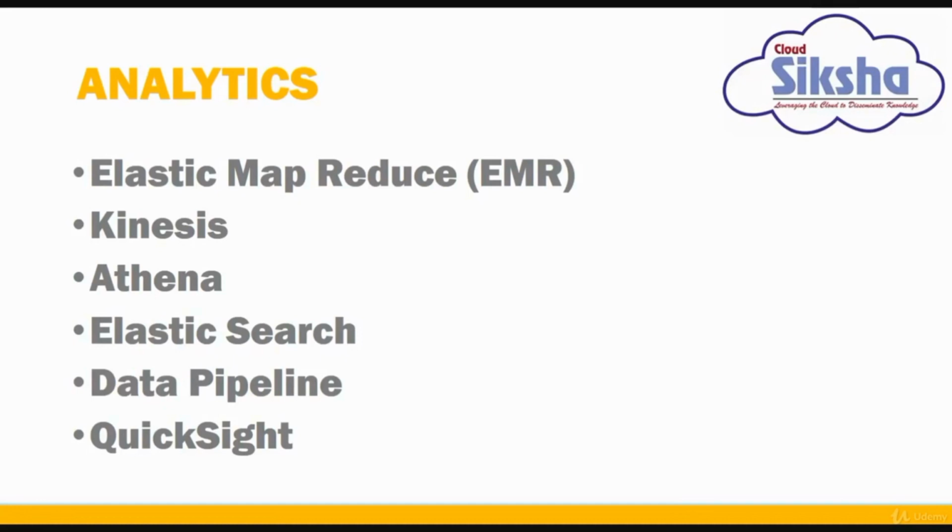Basically, this is a managed Hadoop framework which helps you with processing vast amounts of data across dynamically scalable EC2 instances. Right? You can run other popular frameworks like Apache Spark or HBase or Presto and so on this.